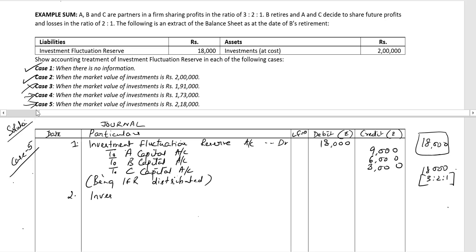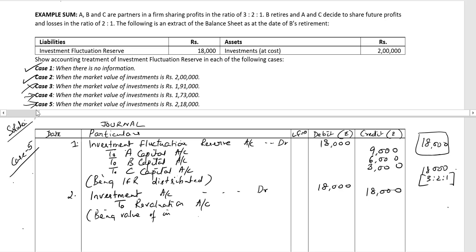So we'll debit investment account and credit the revaluation account with the amount of the increase in investment, which is 18,000 rupees. Narration being value of investments increased.